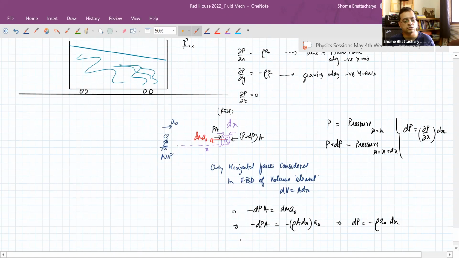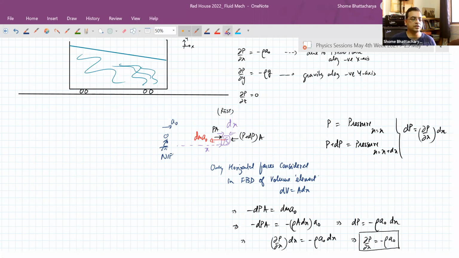So further, this is how you can demonstrate that the horizontal pseudo force creates a horizontal pressure gradient.